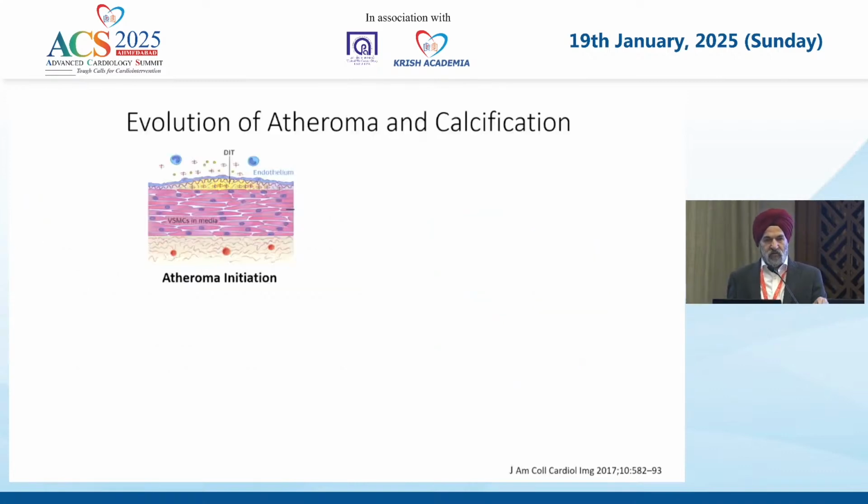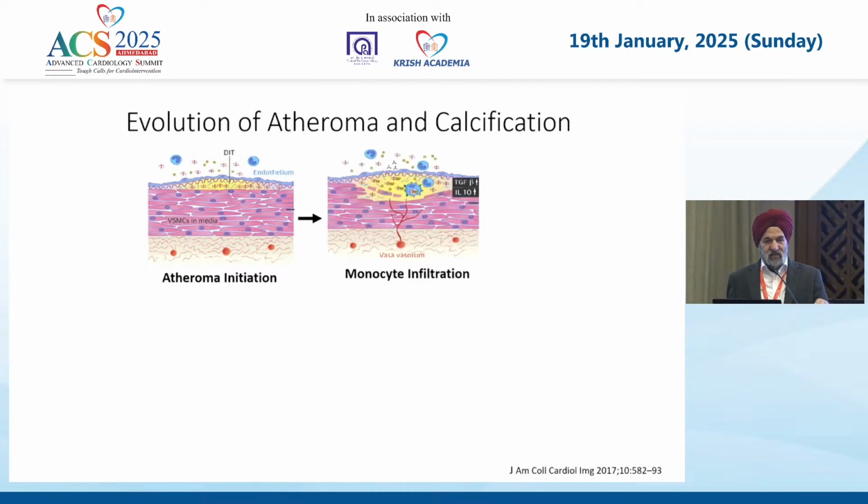Well, when we look at the evolution of the atheroma, I thought I'll just touch upon this part. It all starts with the deposition of ApoB, which binds to the proteoglycans, and this causes diffuse intimal thickening. The next thing which happens is the vasa vasorum start growing. They attract monocytes, which mature into macrophages.